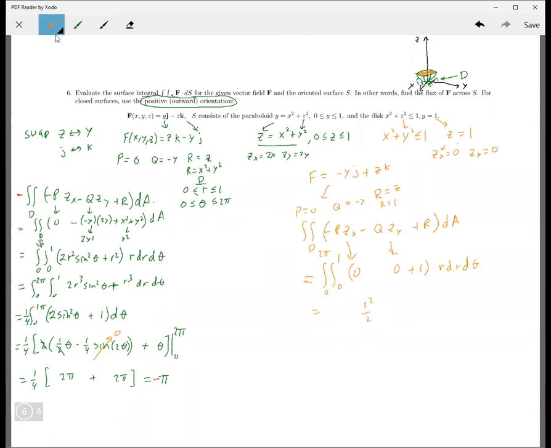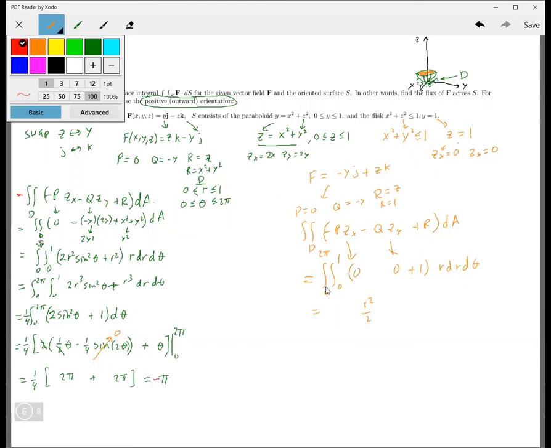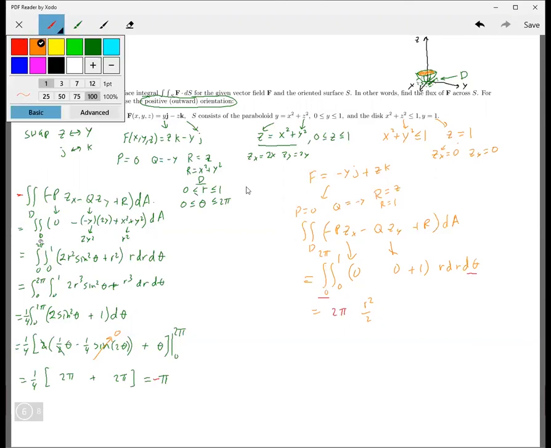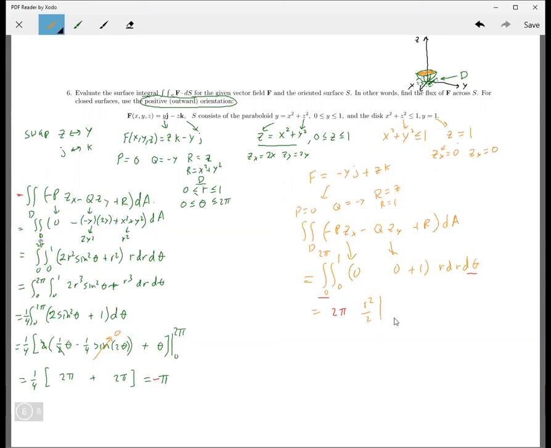And because there's no thetas in there, that just becomes 2 pi. You get r squared over 2, and that's the value from 0 to 1. So that's going to be 2 pi times 1/2, which is pi. Okay, and then the final thing that you do is you add these together, and that gives you 0.